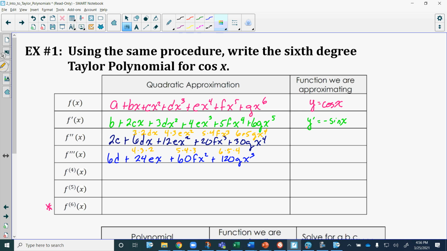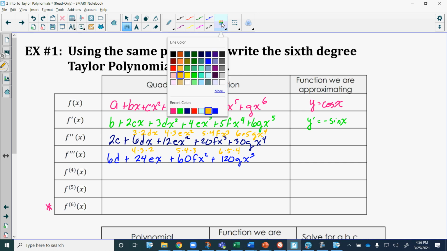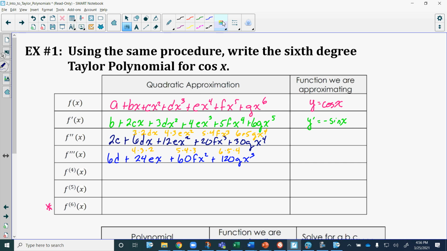I'm sure some of you looking at this are probably going to be able to recognize what the pattern is here, what that's called. But I need to go back. I forgot to put my second derivative here, and that's going to be negative cosine of x. And then we get this lighter blue here for the third derivative. So negative cosine of x, when I take its derivative, is just going to put me at sine of x.